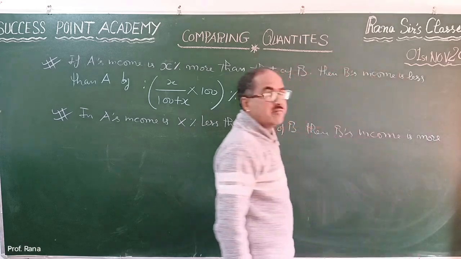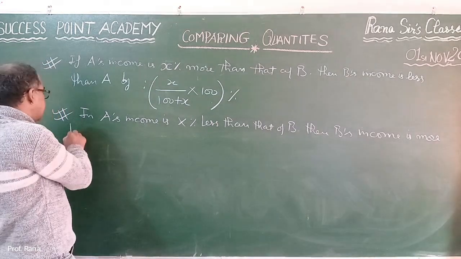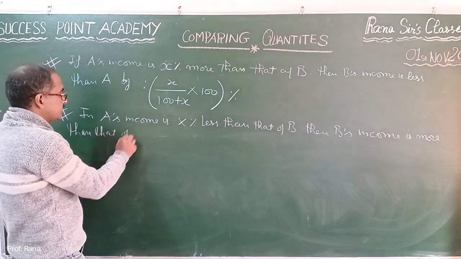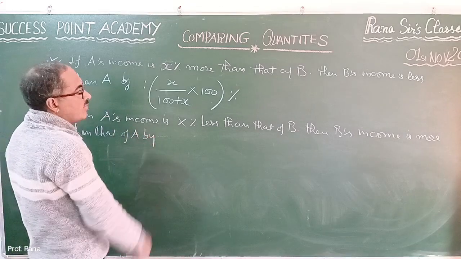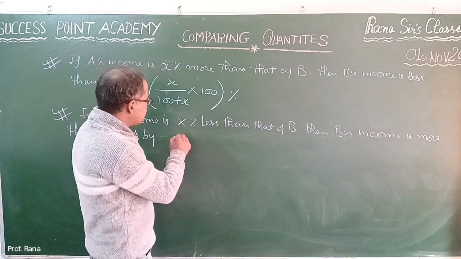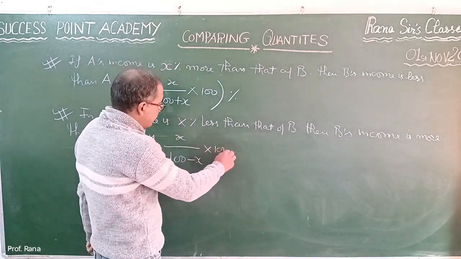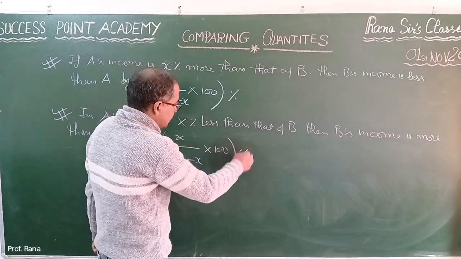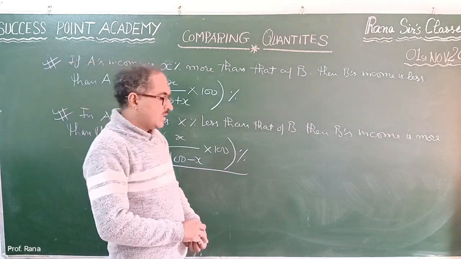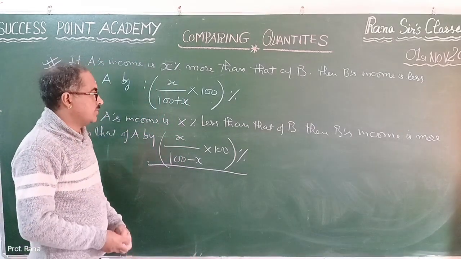Now it will be reverse. B's income is more than that of A by, now we will have another formula for this: X upon 100 minus X, and it will be multiplied by 100 to get the percentage, right? This is a very simple formula.